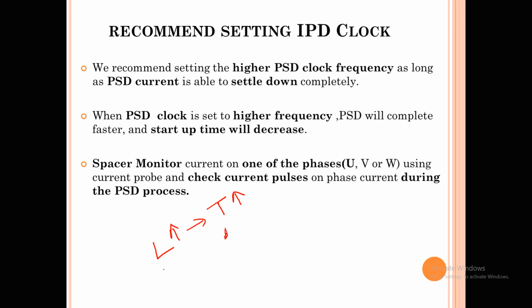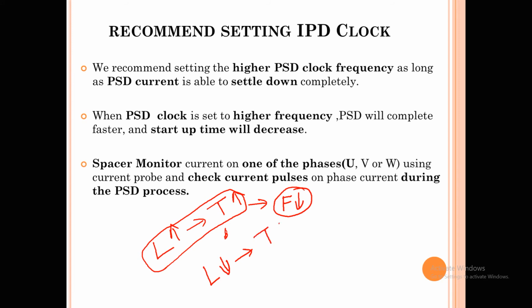If you have a very high inductance, you need more time to settle the current, so you need a lower or smaller frequency. In the same way, if your inductance is very low, you require a very short time duration, which means you need to select a very high frequency.